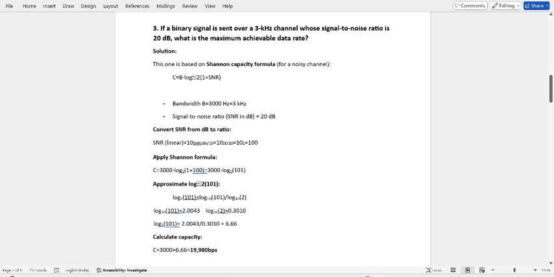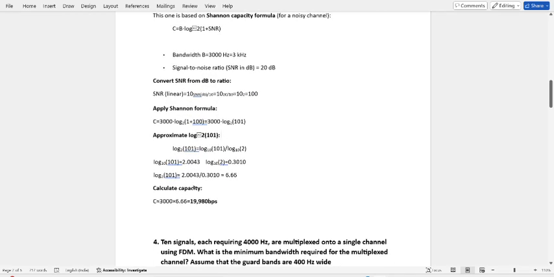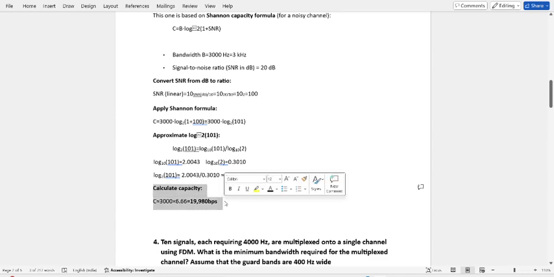In the second step we apply Shannon's formula. Now we calculate the capacity, and we get approximately 19,980 bits per second.